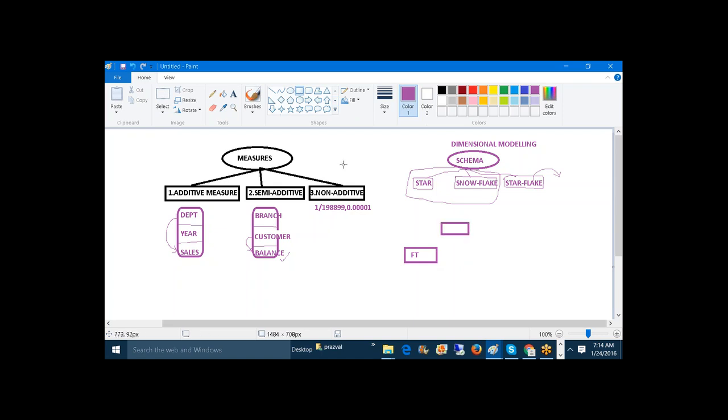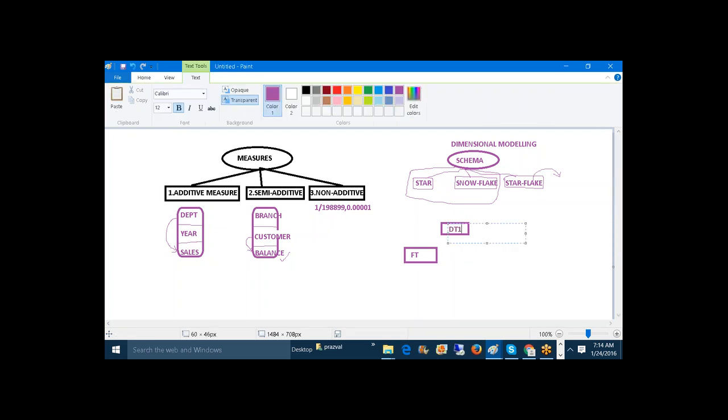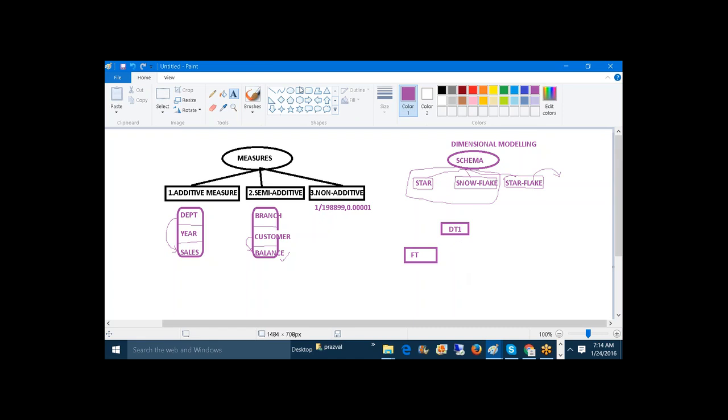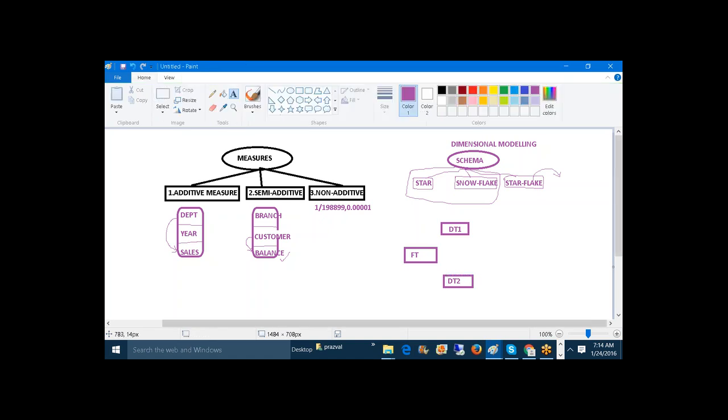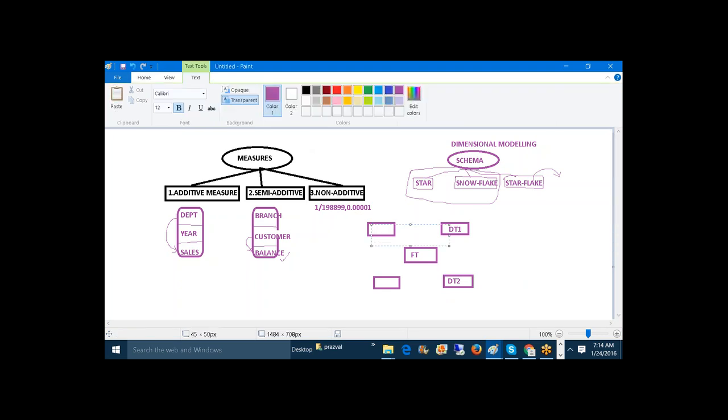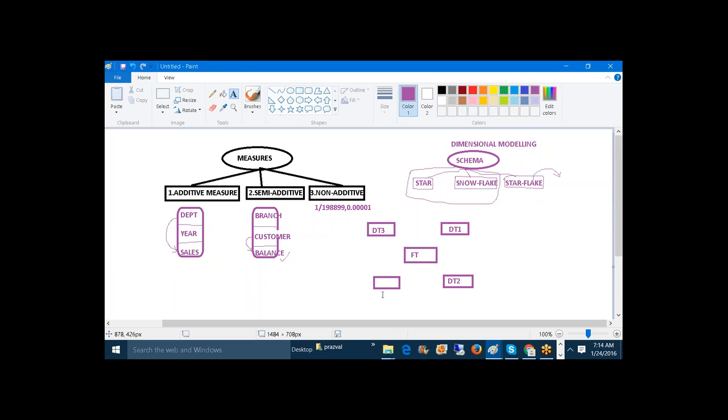The centralized fact table is surrounded by multiple dimensions: DT1, DT2, DT3 and DT4.